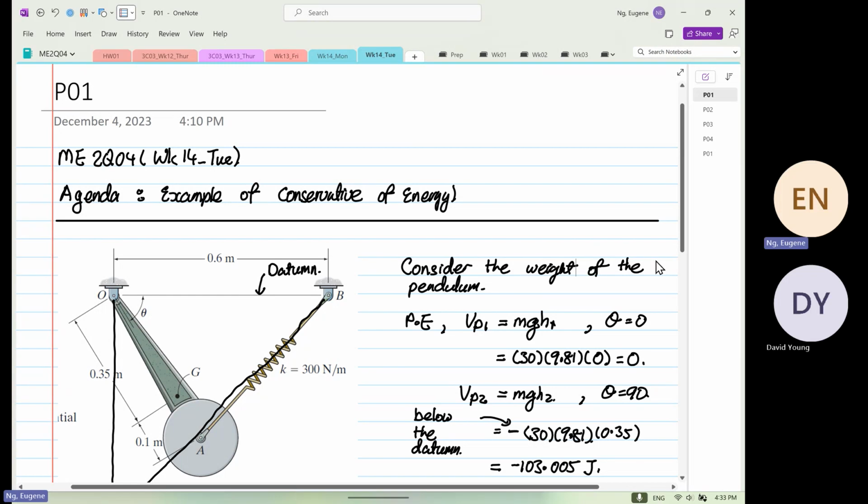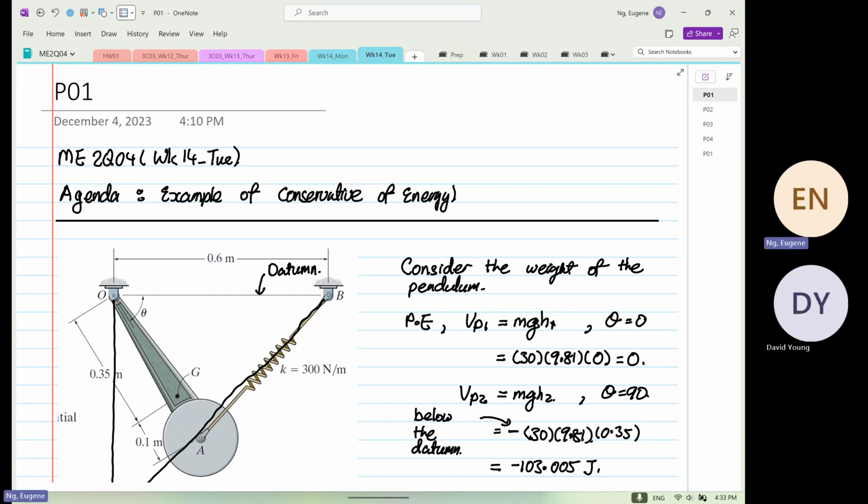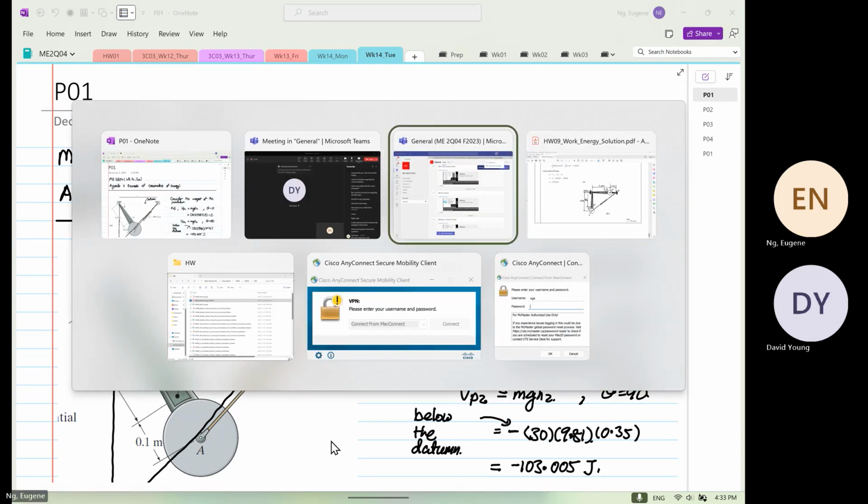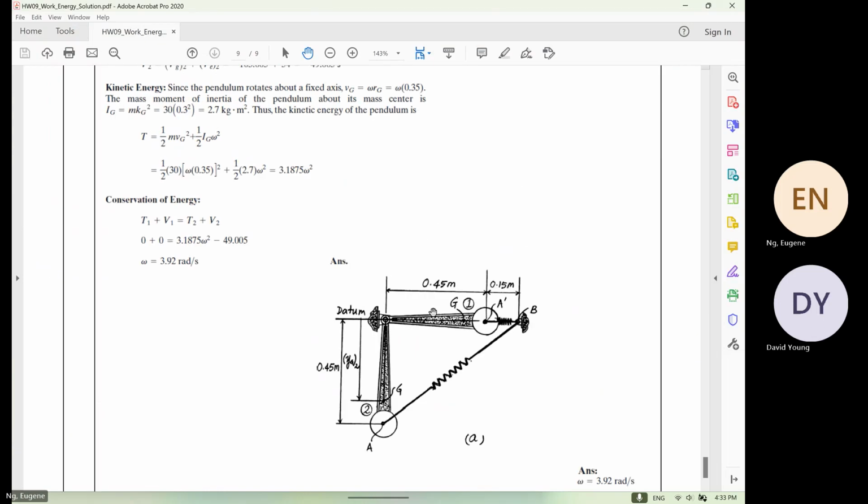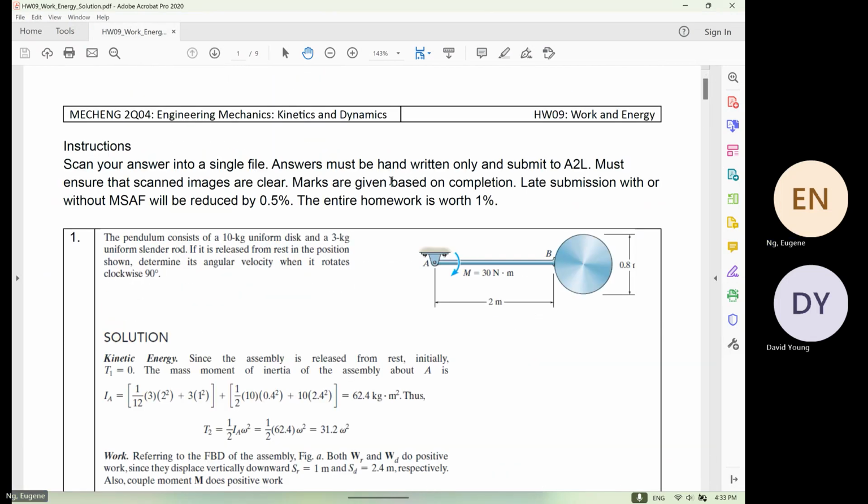For the final exam, you have to know all the examples in the lecture, and you are going to have 3 questions. But more important is this: there'll be a question from homework number 9.